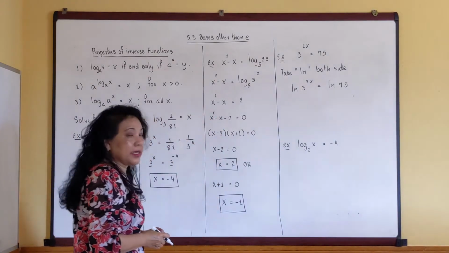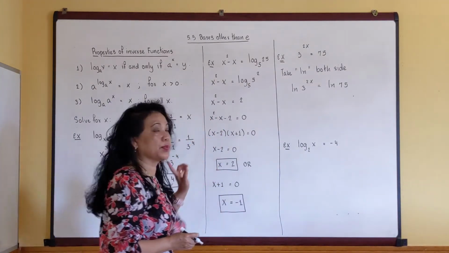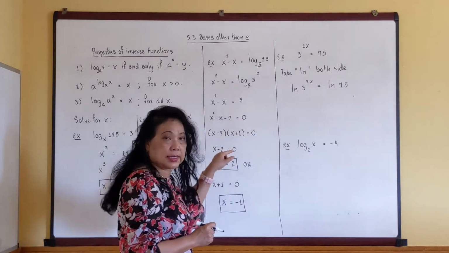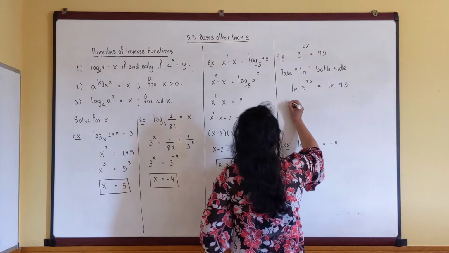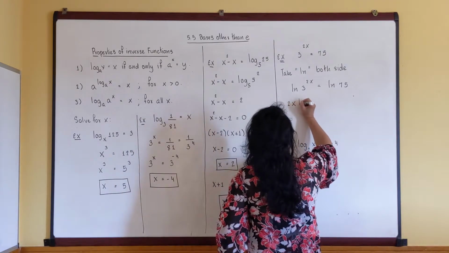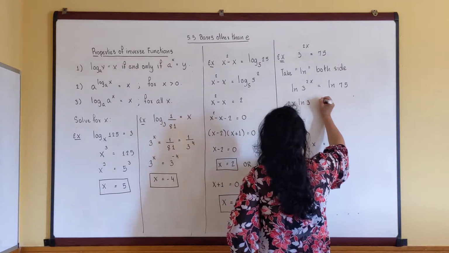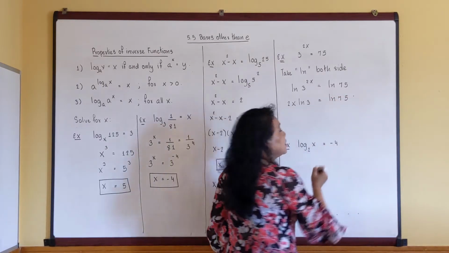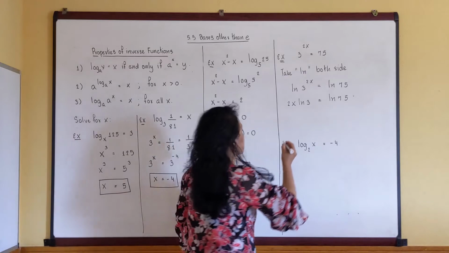And there is a property so that I can bring the exponent up front, which is what I want. I want to bring the x down. So I'm going to have 2x ln 3 is equal to ln 75. From here I can solve for x by itself.